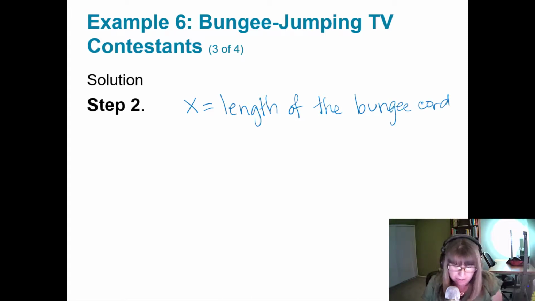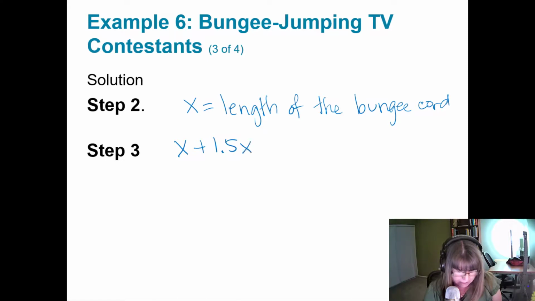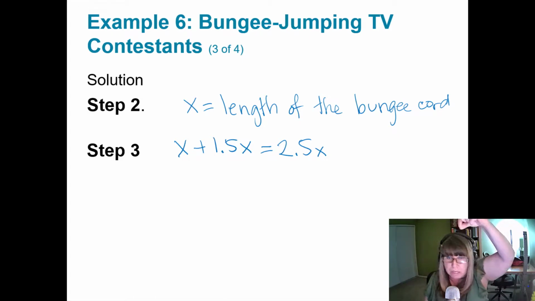And then for step 3, I know that the length of the cord plus 150% of the cord is going to be the maximum length that I can have of the bungee cord, right? The full length of the cord and then the 150% elongation. So that will be 2.5x. That's the maximum stretch that we want.